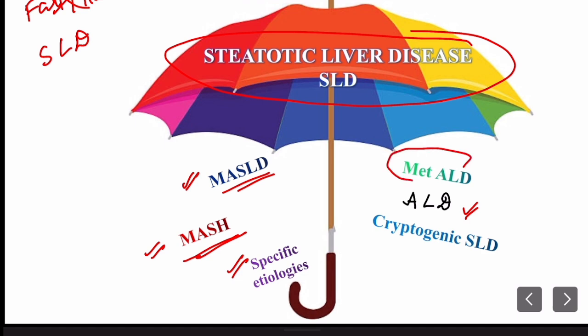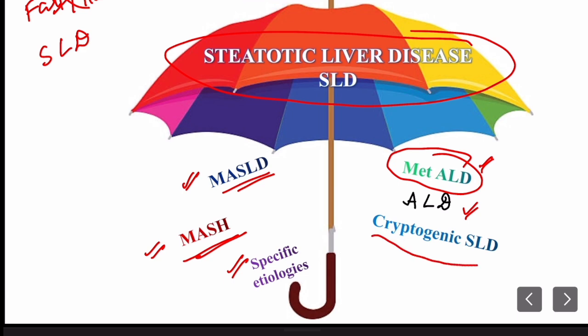This is a new category, new term that has been introduced. It is metabolic and alcohol related liver disease. In this category, the patients have some cardiometabolic risk factor. Along with that, there is a defined intake of alcohol by the patient.